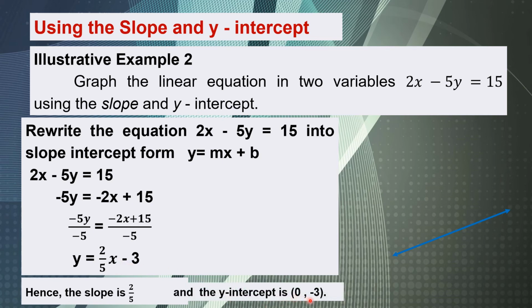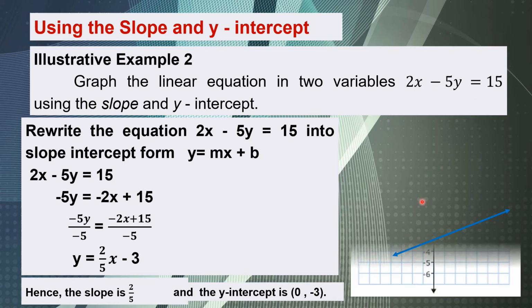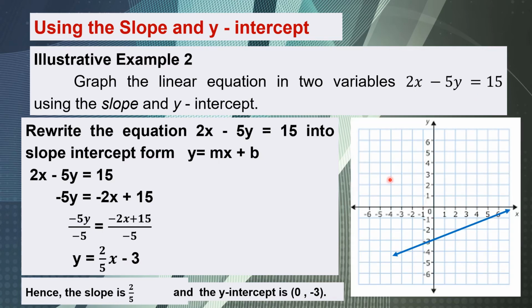0, negative 3. Since meron na tayong y-intercept at slope, we can now graph the equation 2x minus 5y equals 15 using the Cartesian plane. So, unahin nating i-plot ang 0, negative 3.